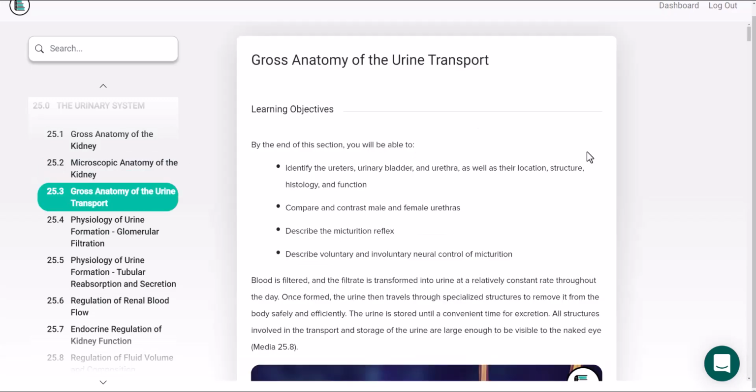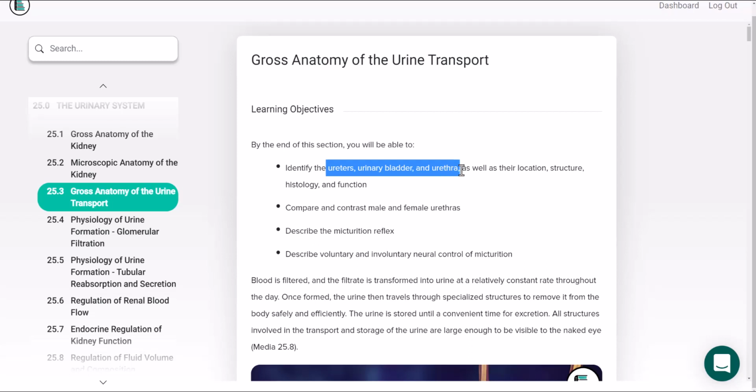So let's finish up taking a look at the gross anatomy of urine transport. That is, once the blood is filtered through the glomerulus and once the filtrate and urine are formed, what happens next? So what we're going to be focusing on now is leaving the kidney, you go through the ureter, down to the bladder, and then out the urethra.